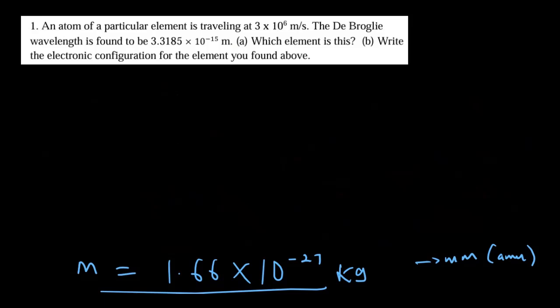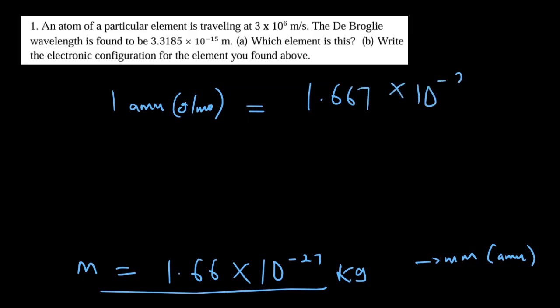That equation is given by 1 atomic mass unit, or 1 molar mass, which is gram per mole, not moles per gram, is equal to the mass of 1.667 times 10 to the power minus 27 kg.